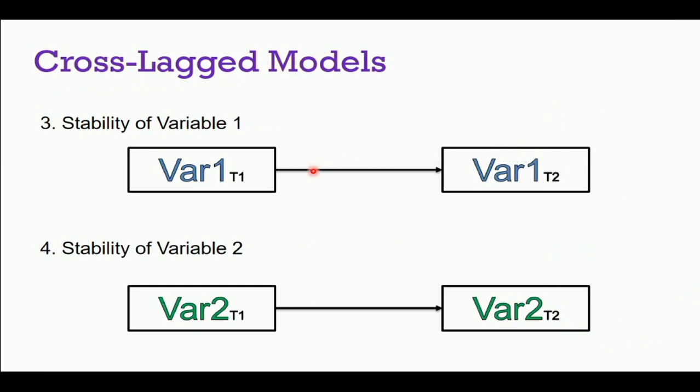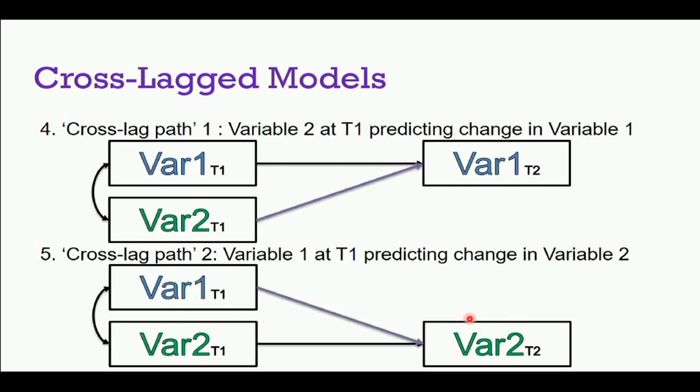We test for stability. So variable 1 at time 1 correlated with variable 1 at time 2, and the same for the other variable, the IV. So time 1 and time 2. So that's your 4.